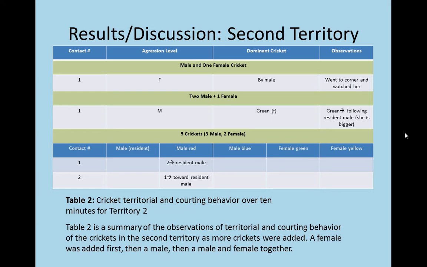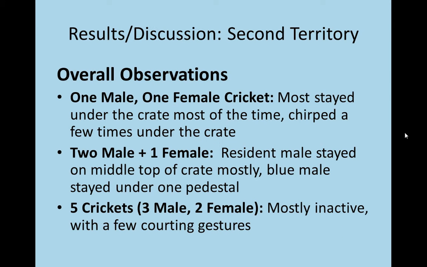Therefore, overall, the hypothesis was not supported by the data because the resident male did not become more aggressive and court more females as time went on. So, overall, a lot of the crickets stayed under the egg crate motionless. There was some chirping as females were added, but it was mostly mild to no interaction.